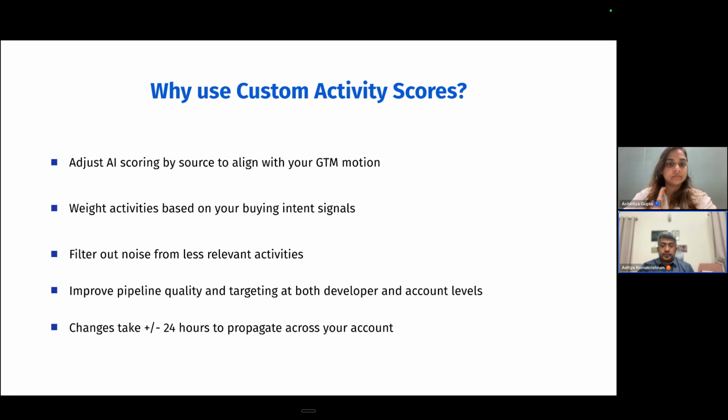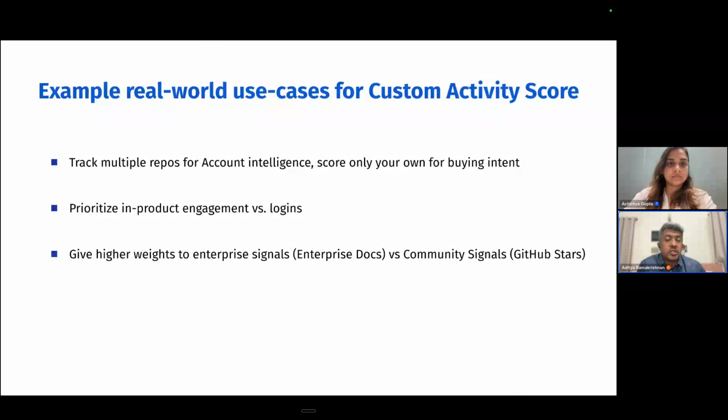And some real world use cases for this are, like I said, if you are tracking multiple repos on GitHub, say a couple of your own repositories, a couple of competitor repositories, and a couple of big open source repositories which are foundational to your category, then you want that for intel, to help marketing and developer relations.